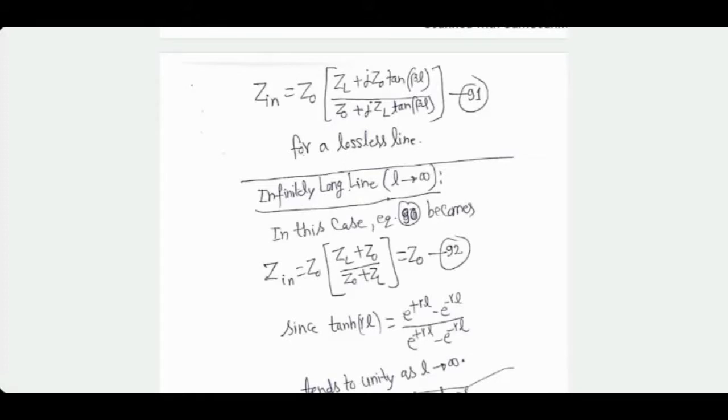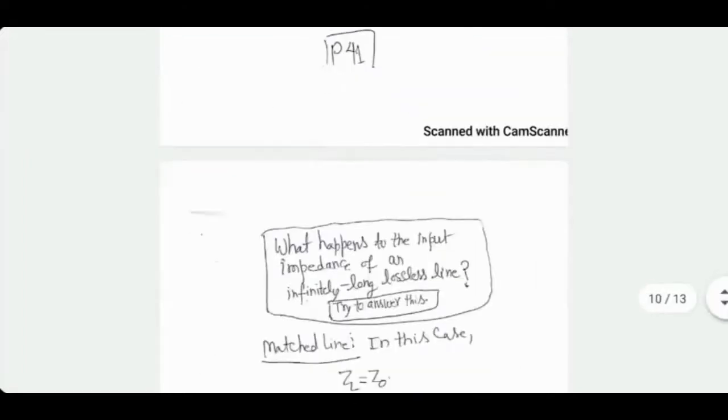Tan of infinity. Try to figure it out. We'll discuss later. But the important thing is that real life lines are lossy anyway. So it's a hypothetical discussion. I don't know whether the answer should be Z0 or not. We can always verify that later. But it's a very interesting question to ask.